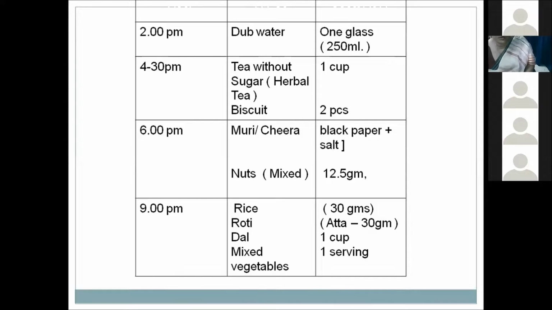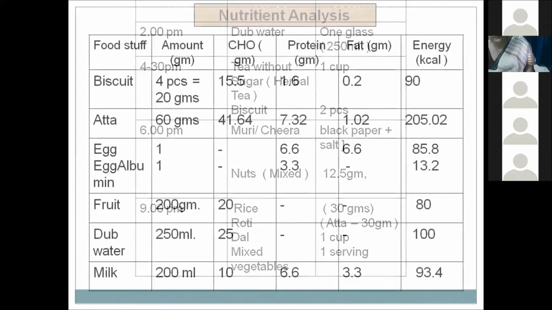I drink a lot of herbal tea also for fluid, then dab water, then nimbu pani, biscuit 2 pieces. Then in the evening muri chira only, not much, 15 grams, and mixed nuts 12.5 grams. Then for dinner again, a little rice and 1 roti, dal, mixed veggies.